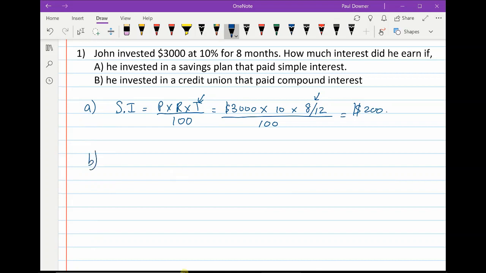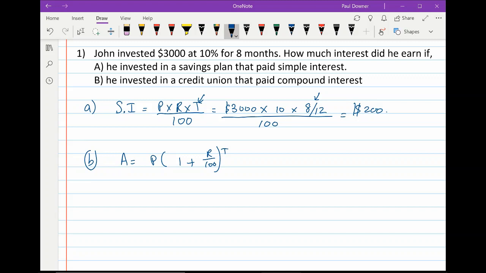What about part B? Part B requires us to find compound interest. Now the compound interest formula we have is A is equal to P into 1 plus R over 100 all to the power of N or T. Let's use T. So P here refers to the principal, A is the amount accruing, R is the rate of interest, compound interest, and T is the time in years.